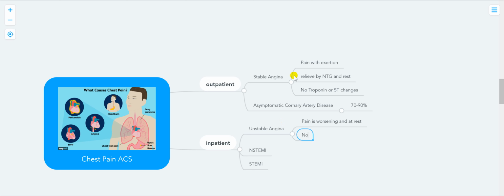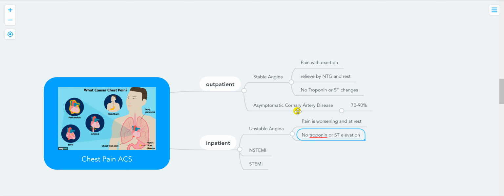No troponin or ST elevation. Basically, that's 90% stenosis with platelets on top of it. So on top of the problem, there's another problem.